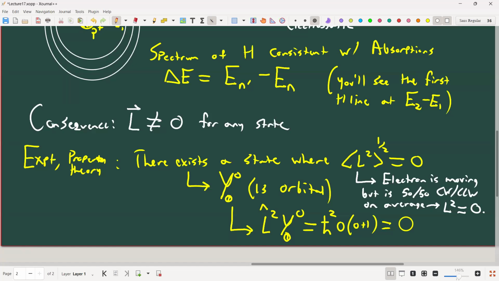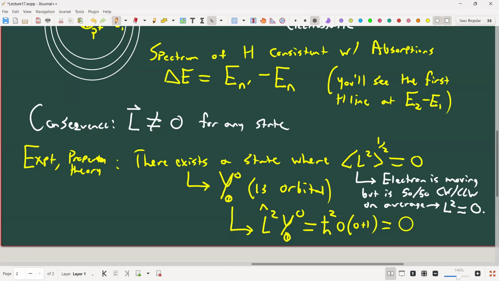And it has some momentum in the sense that it's moved. But on average, every move that it makes, there's an equal and opposite move that it makes as well. Okay, so the electron is perfectly delocalized. Does not mean it doesn't have angular momentum. It just means that when we measure the square of the angular momentum, it's 0. Okay, it can be going either way, no preference.